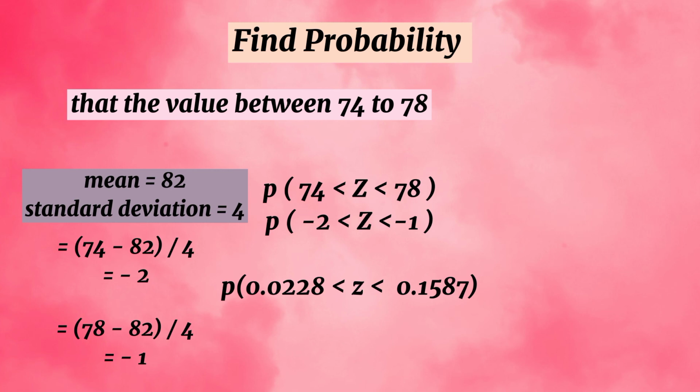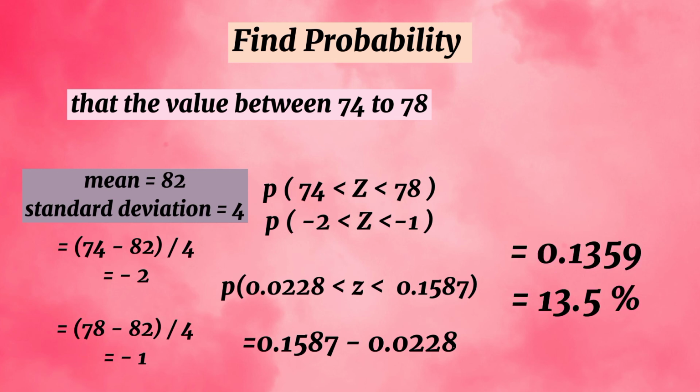Because the question says between 74 and 78, you must subtract them: 0.1587 minus 0.0228. So the answer is 0.1359. The probability that a value is between 74 and 78 is 0.1359, or 13.5%.